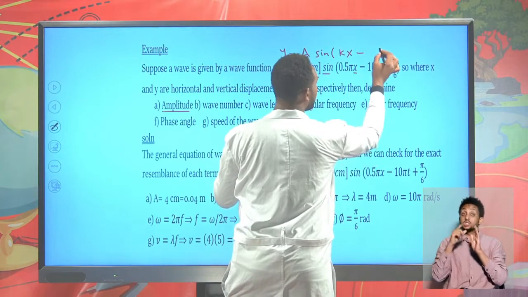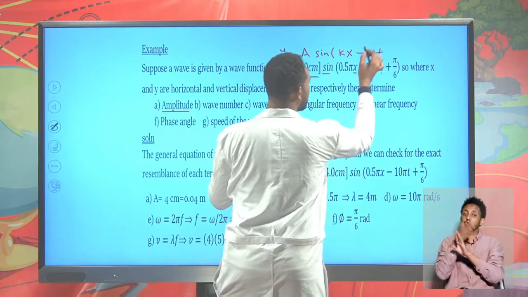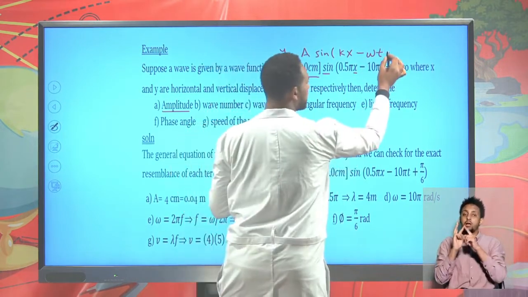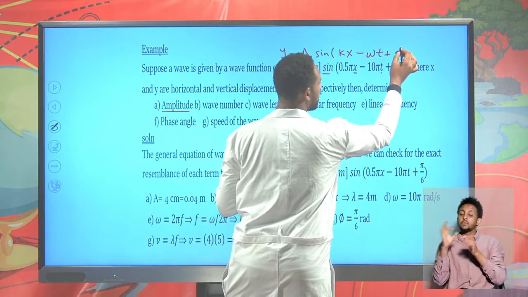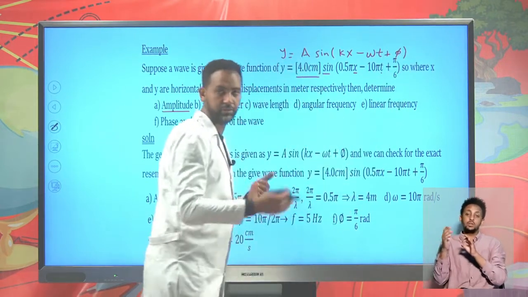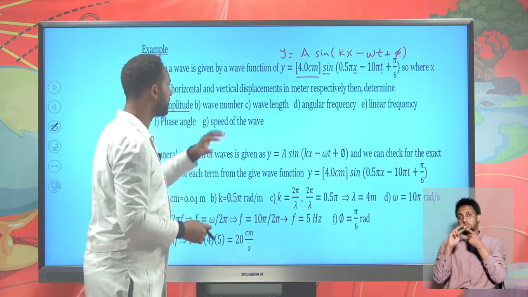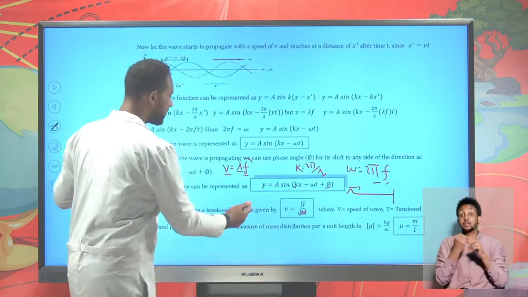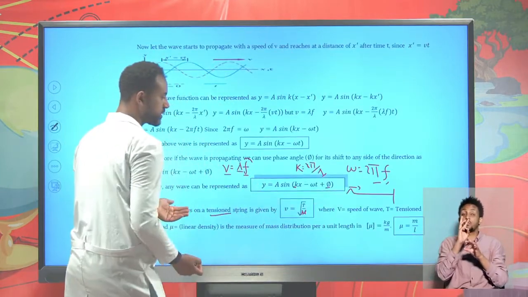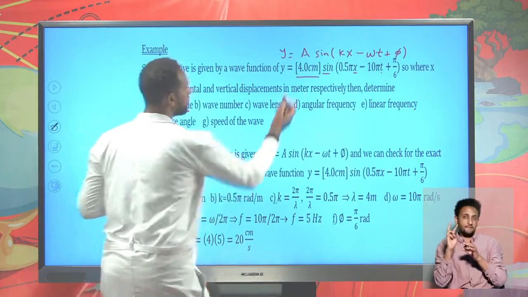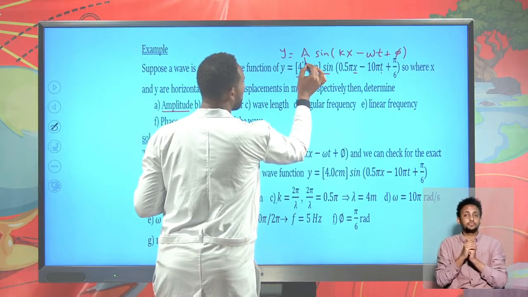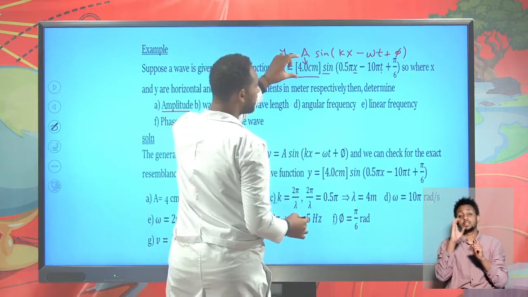Then here you have the t variable. In front of the t variable, you have omega, plus, here you have a function wave shift. It's known to be the wave shift. You can have such an expression. Previously, the general function of the wave is expressed like this. So from this, 4 centimeter represents the amplitude.